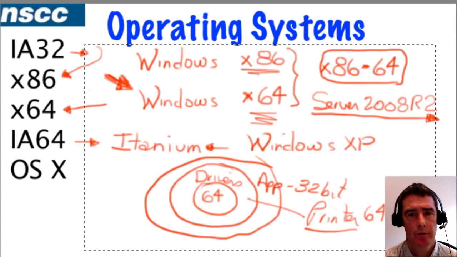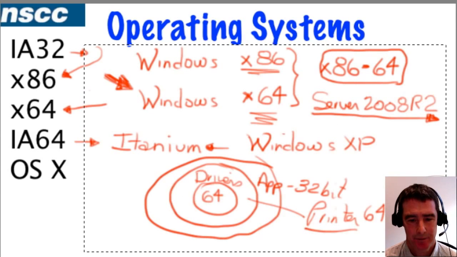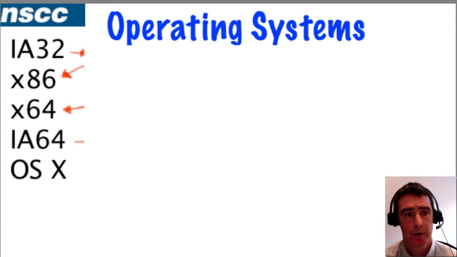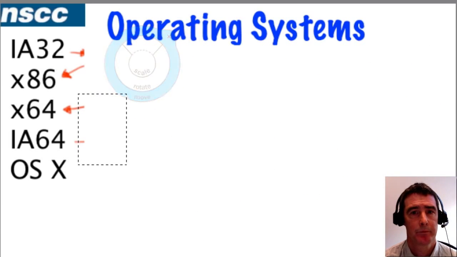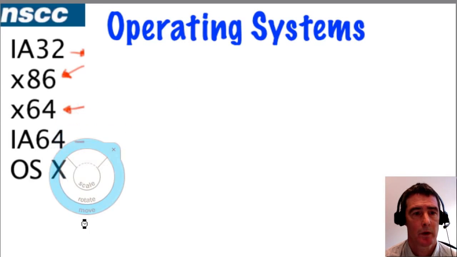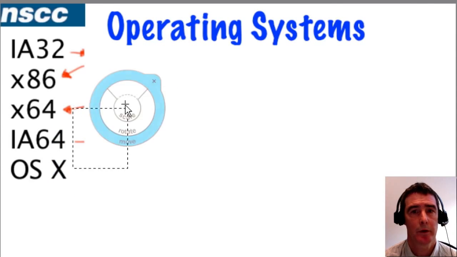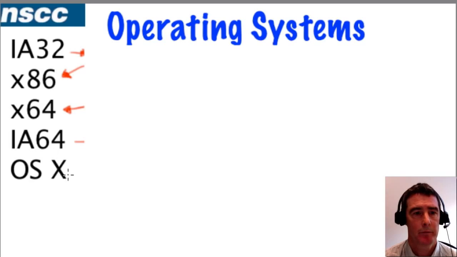On the OS X side, they've made it a little easier. The OS X side had 2 CPUs that they were supporting. So this was a little different. They had a PowerPC.